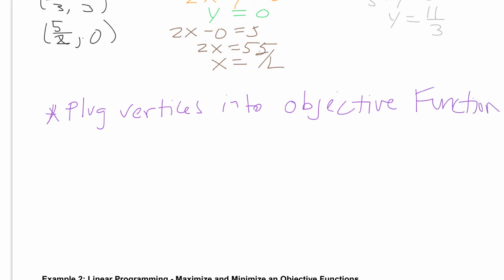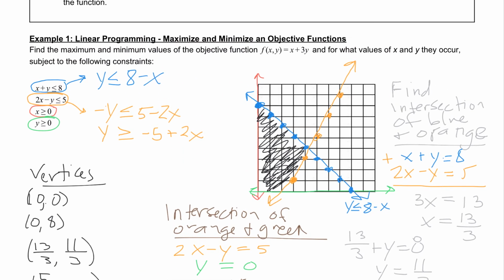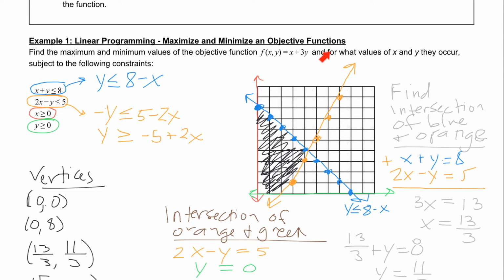The objective function is this function right here, f of x comma y equals x plus 3y. That tells you that that's the objective function. We also like to say this is just z equals x plus 3y. You can use the z, you can use the f of x, y, whatever you decide.